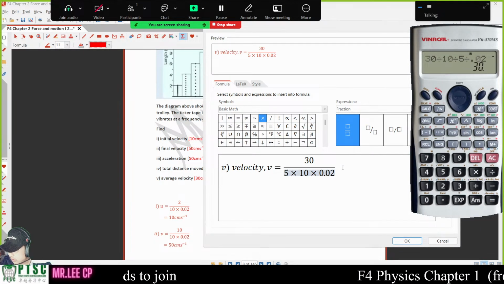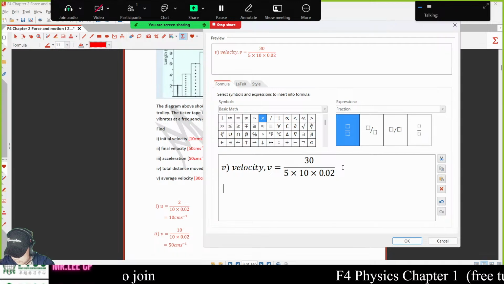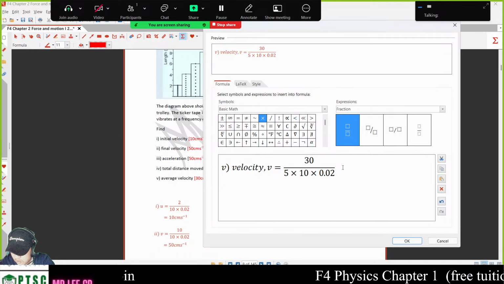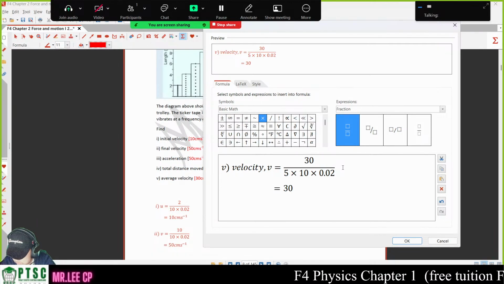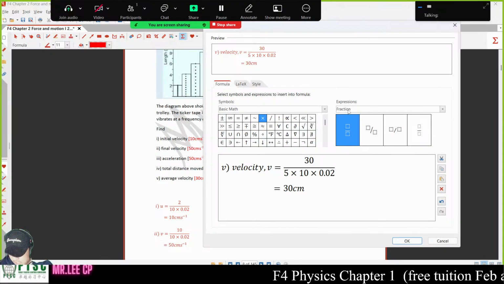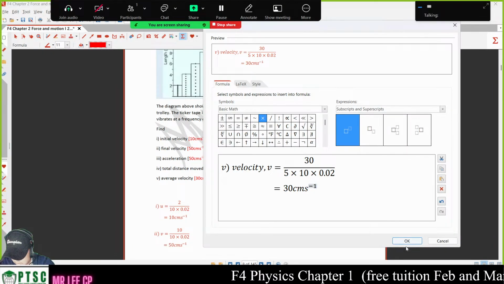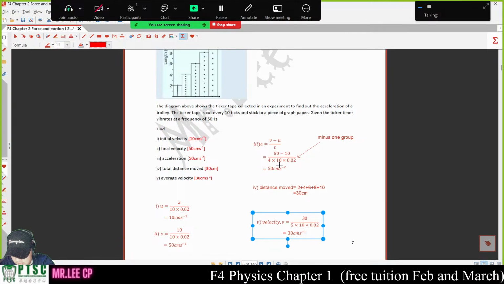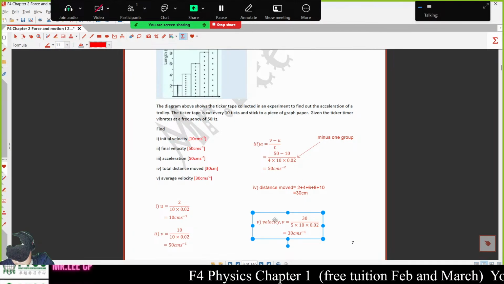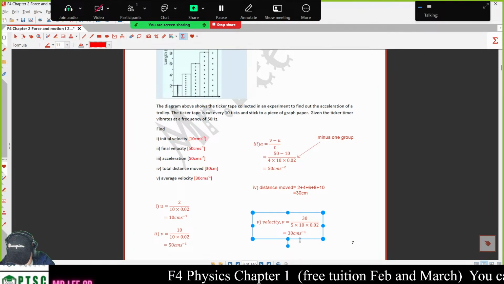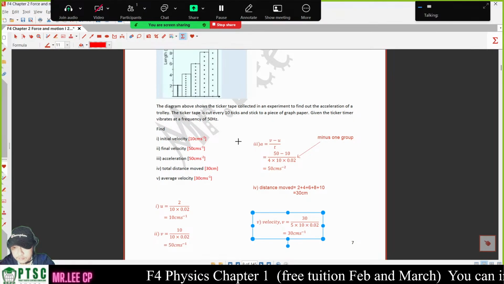So I'll get 30. So velocity is equal to 30 cm s minus 1. Velocity, minus 1. Acceleration, minus 2. Right? Velocity, cm s minus 1. Are you okay with here?